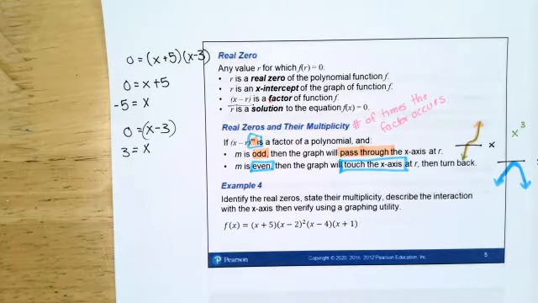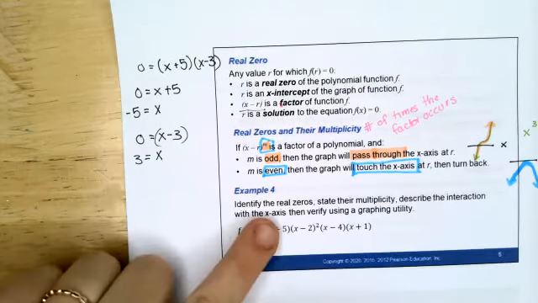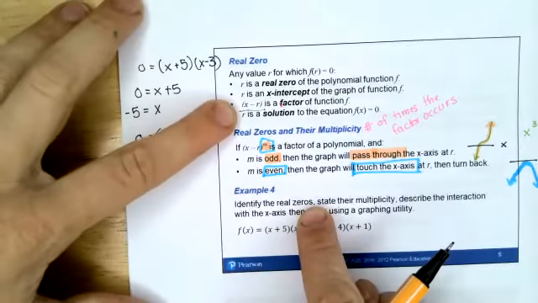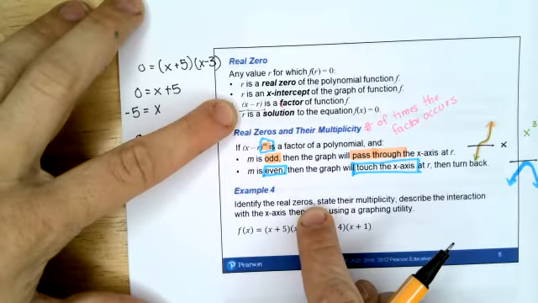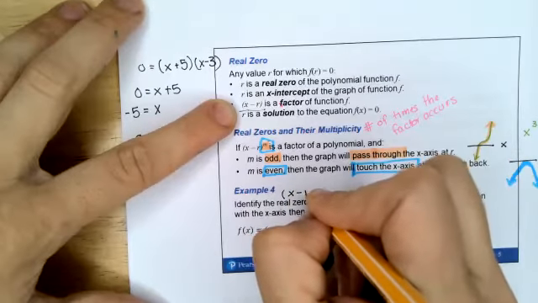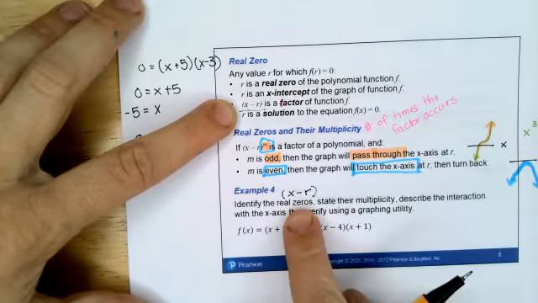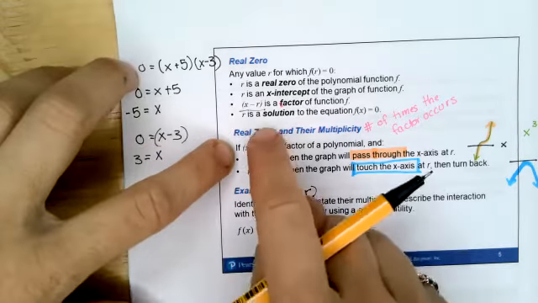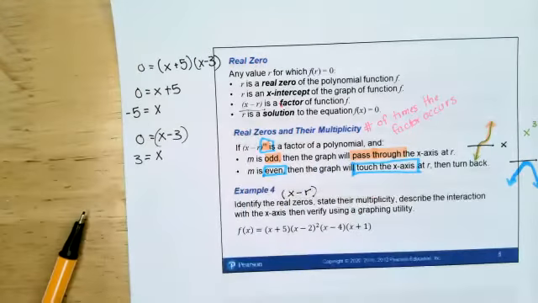So identify the real zeros. Remember, a real zero looks like x minus r as a factor, okay? A real zero is r of the factor x minus r. State their multiplicity. That's this guy up here.